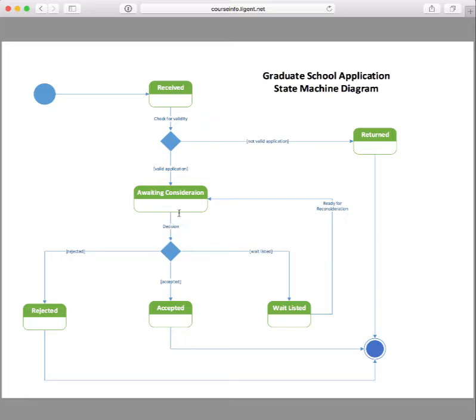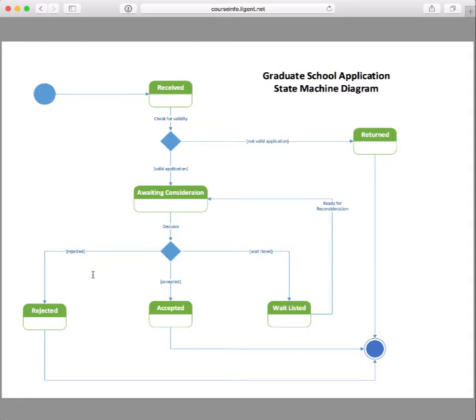That's not the only thing that happens between awaiting consideration and the next thing, the choice. What triggers the choice is the decision. Okay? She walks through the door into the spooky room. It's the last thing that happens. We don't have to document all 25 of them. Just the last one. Okay?